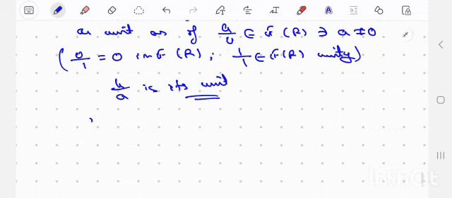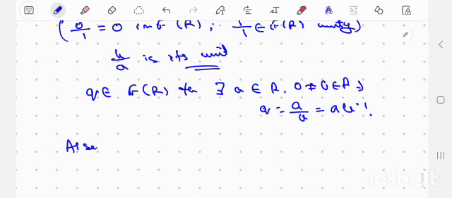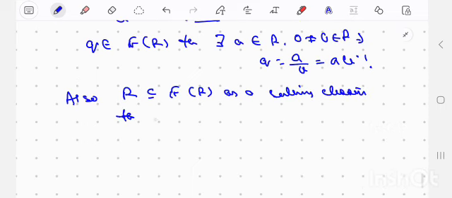And if you choose any element Q from FR, then there exists some A in R and non-zero B in R such that Q is of the form A by B, or in simple notation AB inverse. Also, R is contained in FR as a subring, choosing A in R as the equivalence class A by 1, nothing else.